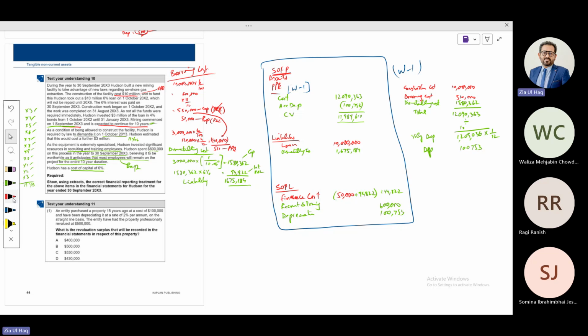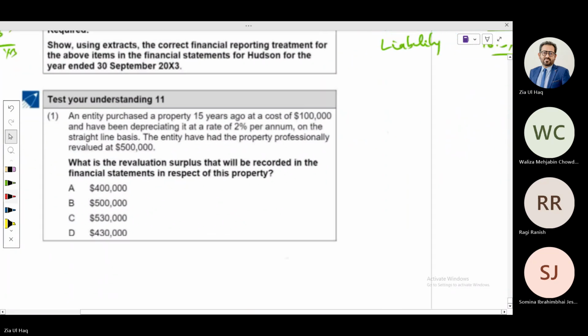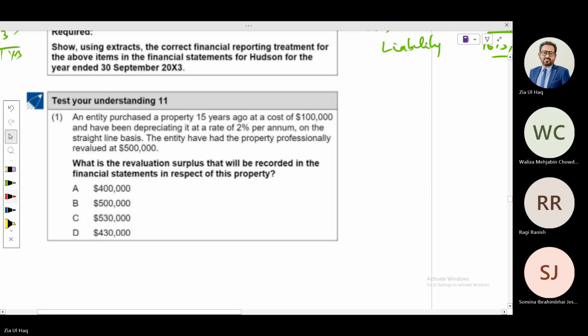So let's move towards the next question. Question number 11. An entity purchased a property 15 years ago at a cost of 100,000 and has been depreciating it at a rate of 2% per annum on the straight line basis.